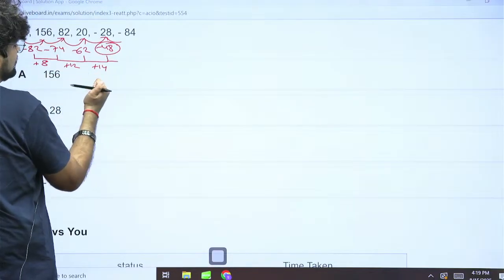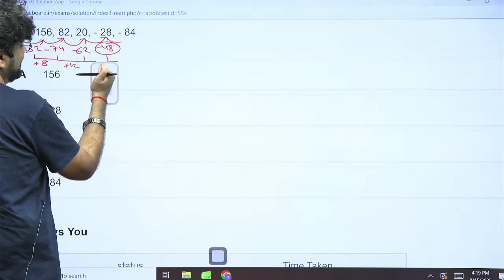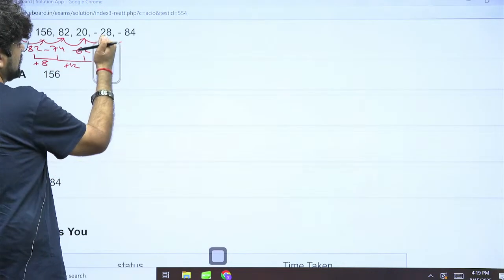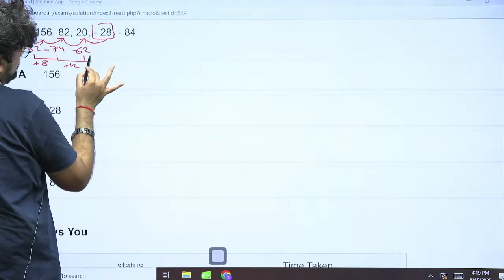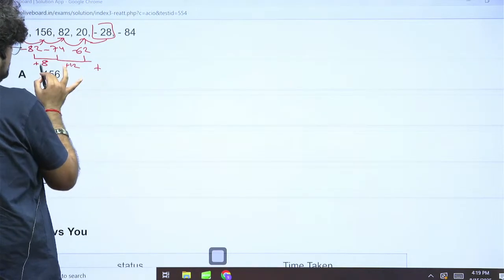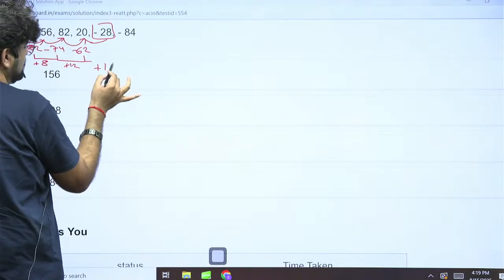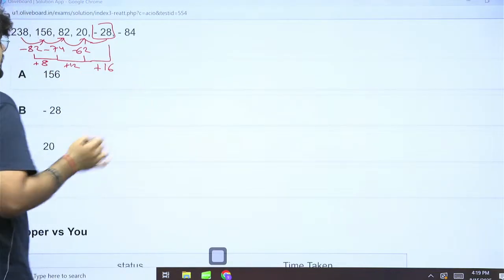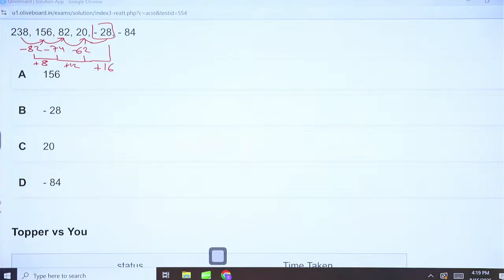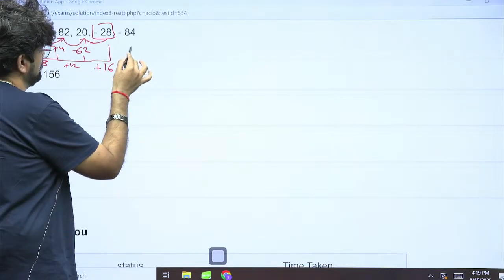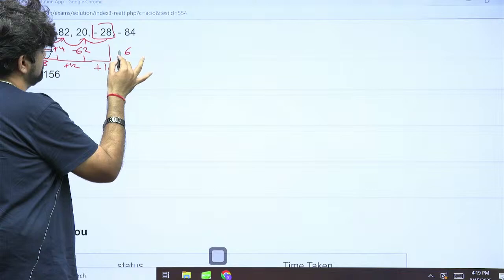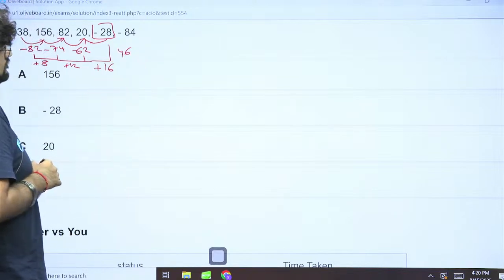If I think that this should have been increased by, let's say, minus 62, if I say plus 8 plus 4, 12 plus 4, 16, what will happen then? Let's check it out. So minus 62 plus 16 will be, right?